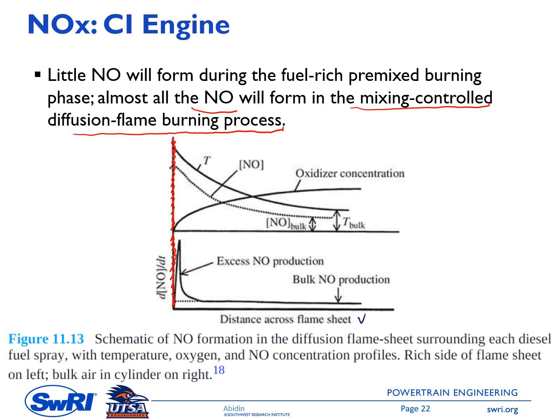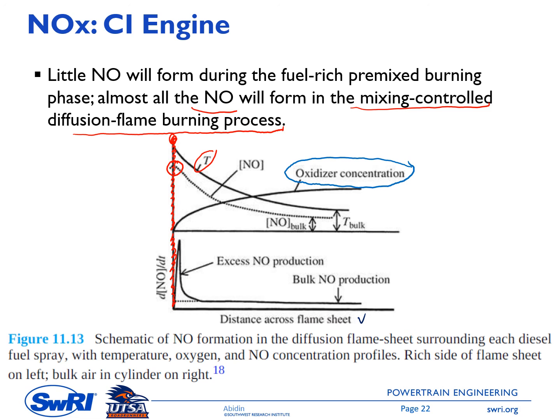Therefore, as you can see in here, as we go to the right, we have an increase of the oxidizer concentration, which means it is outside the spray, so we have more air. And then we also have a decrease of temperature, so the temperature is maximum at this flame front. And the NO concentration is maximum at this flame front as well.